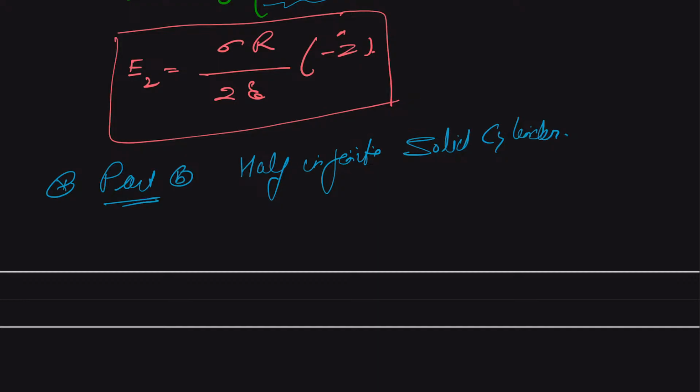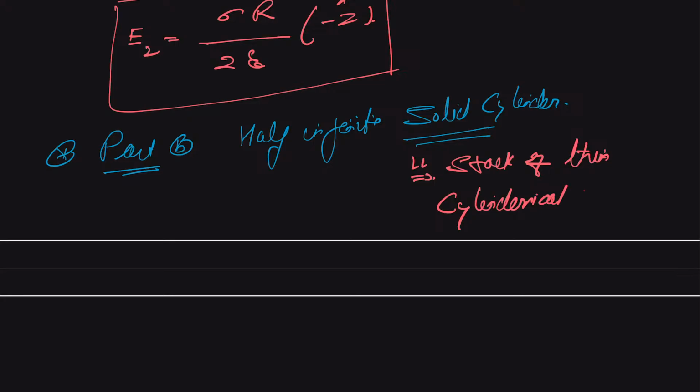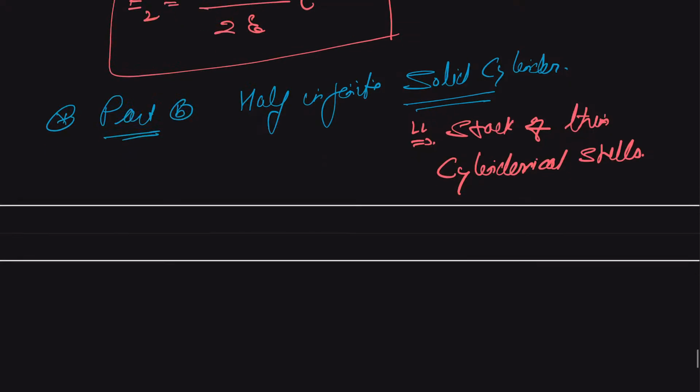And in this case we are going to once again divide this solid cylinder into thin cylindrical shells, because this solid cylinder can be said to be a stack of thin cylindrical shells. So we are going to consider one shell and then integrate. The only difference is that in this case the surface charge density is given to be different.